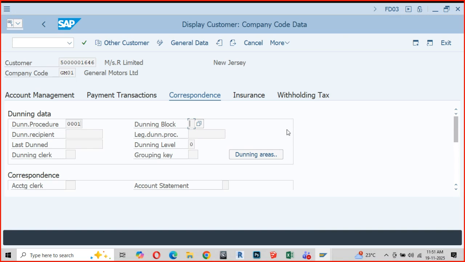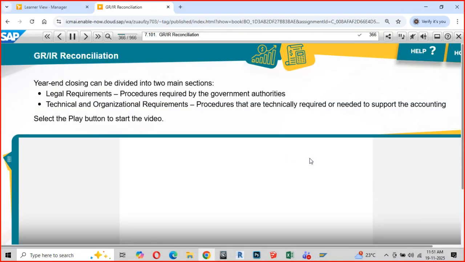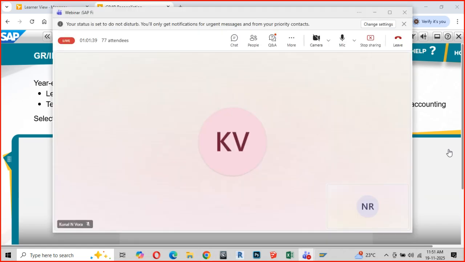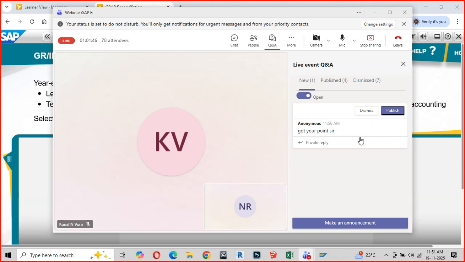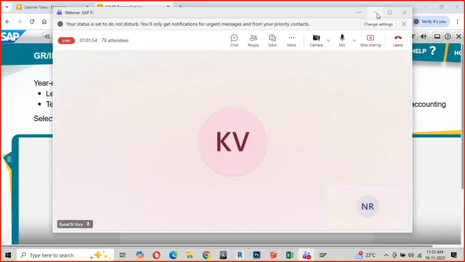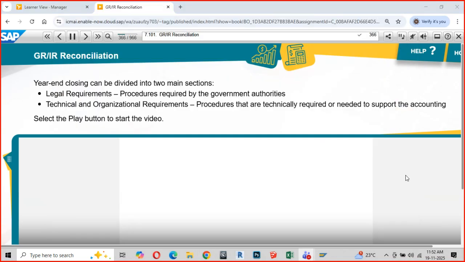Recollect that. Same thing is available for dunning also. Were you convinced with the answer? Very good. So this does have a huge impact, right?